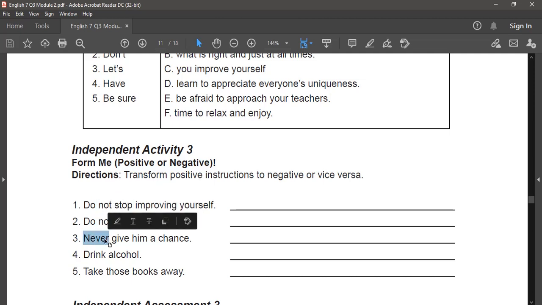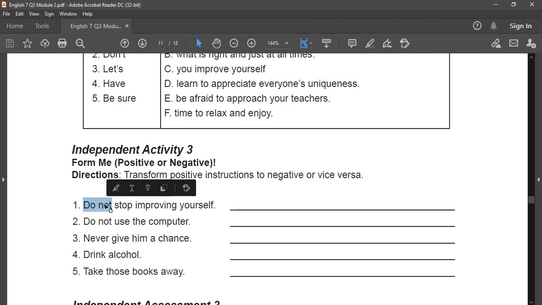Try to rewrite them to make them positive. For example, do not stop improving yourself. How can you make it positive? Erase this one and change this one into maybe the correct answer, always try to improve yourself. So that is now positive.